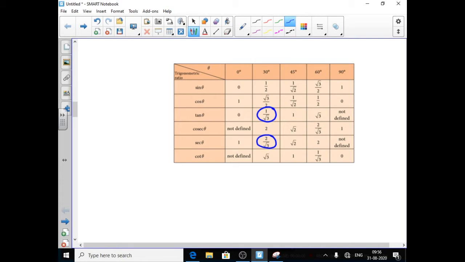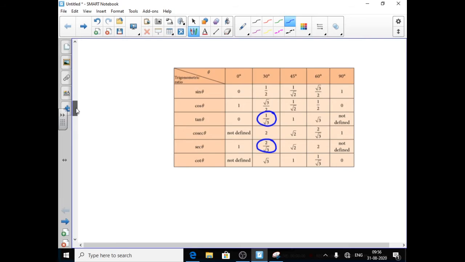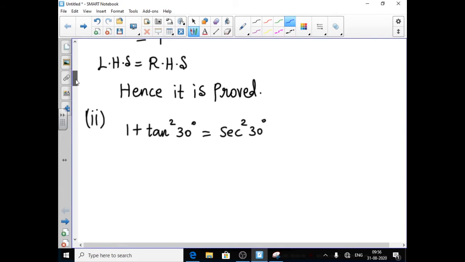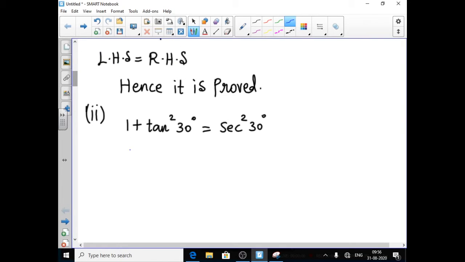So here we are going to apply tan 30 degree is equal to 1 by root 3 and secant 30 degree is equal to 2 by root 3.